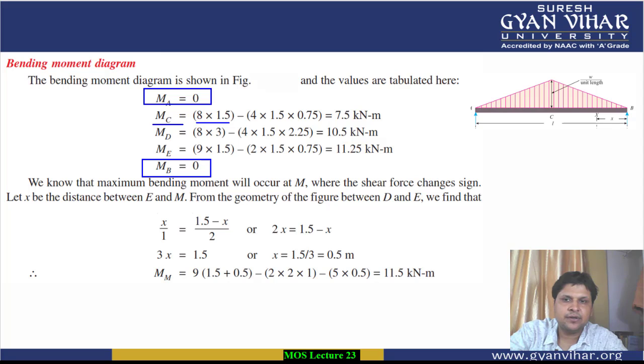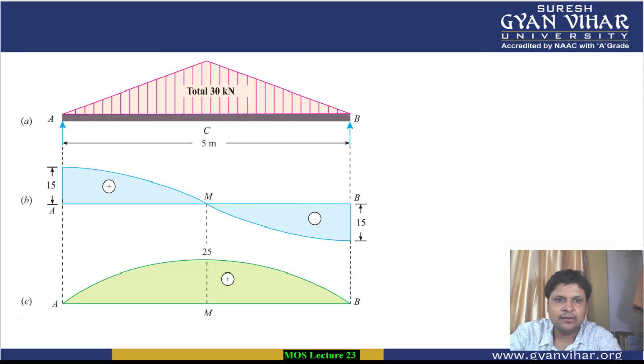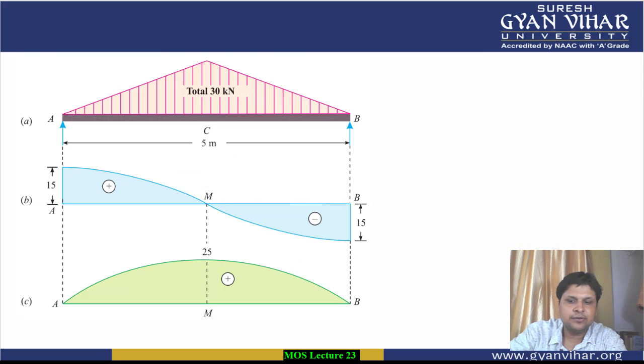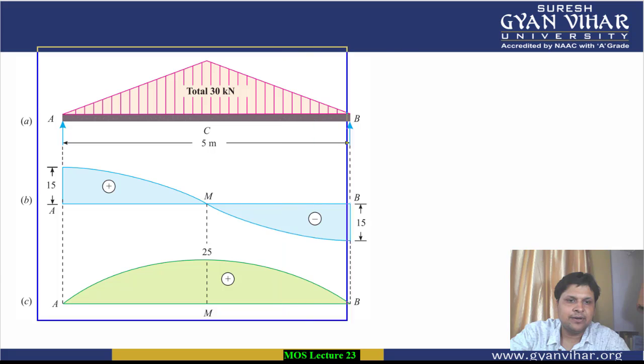How much is the distance? The distance will be taken as 1.5, half of the distance, minus 4 into... Now due to this UVL, how much is it? UVL is 4 into 1.5 into 0.75. It will be 7.5. So in this way, when you have calculated the bending moment value, we will draw its bending moment diagram. So this is the bending moment diagram, students.